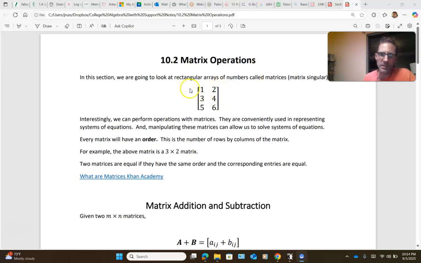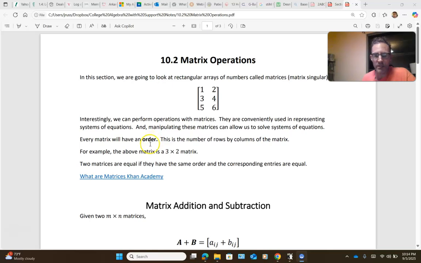And here's an example. We've discussed this previously, but this matrix is rectangular. It's comprised, as you can see, of 3 rows, and it's got 2 columns. And then these are the entries. These are called the entries. And interestingly, we can perform arithmetic with matrices. You guys have already done this if you solved some of those systems of linear equations using matrices.